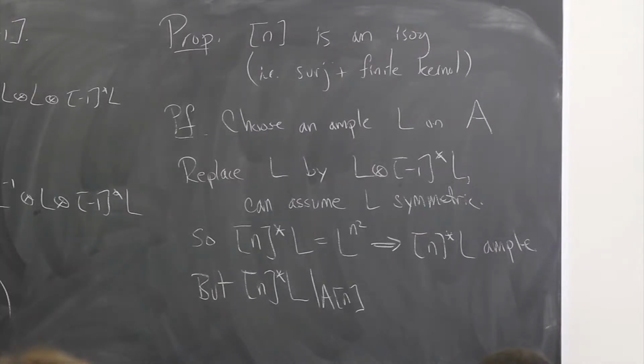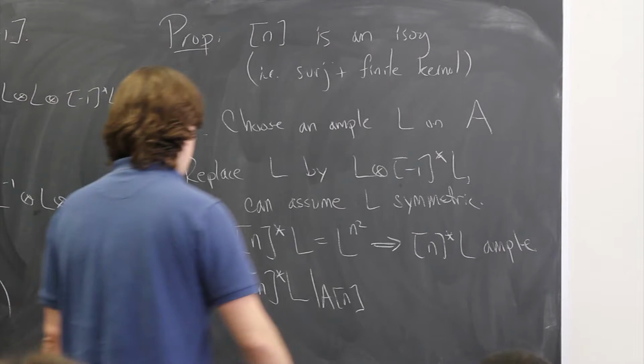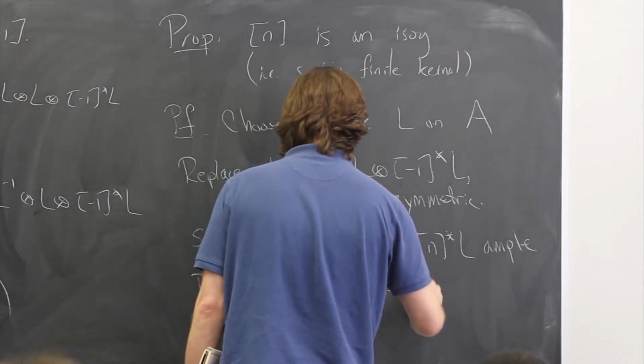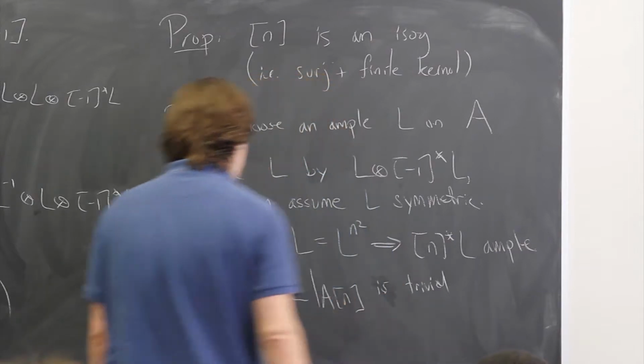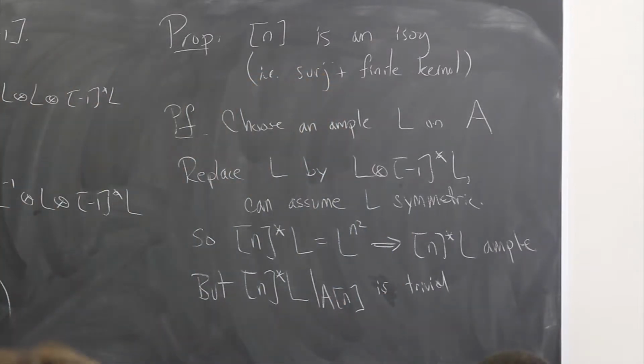So it's just pulling back by a map to a point. And the pullback bundle is still ample. So this pullback bundle is both the trivial bundle and ample.